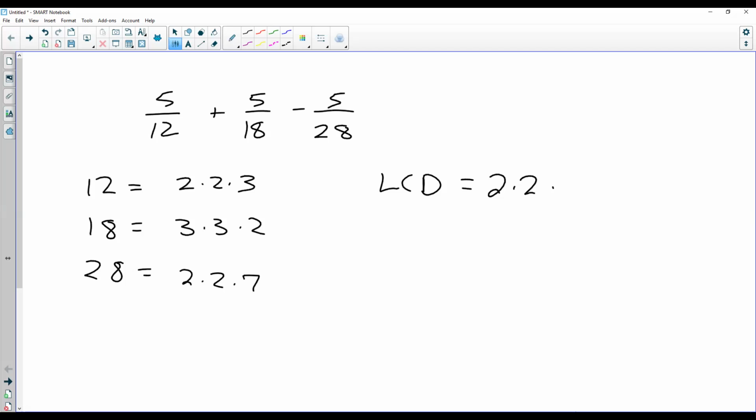And you only have one 7, and that's how you can build the least common denominator, which is going to be a lot less than trying to multiply everything together. You don't really want to have to do that. So what is this? The least common denominator is 4 times 9 times 7. Can you do that in your head?